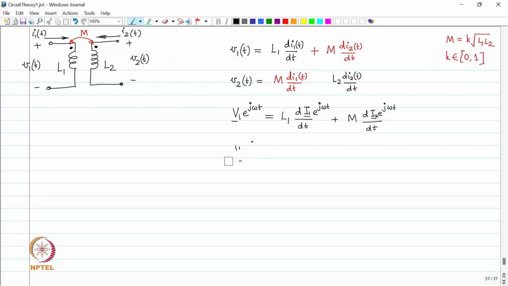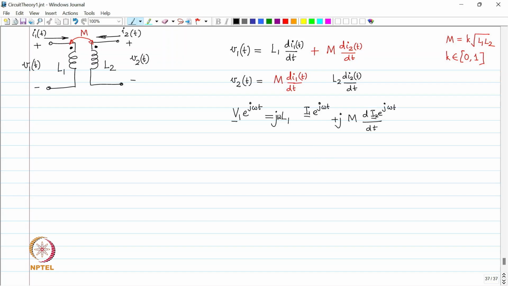Let us do the first one first. So help me with the derivative. What do we do with d by dt? j omega comes out, right, I 1 also comes out, and that is it. Okay.